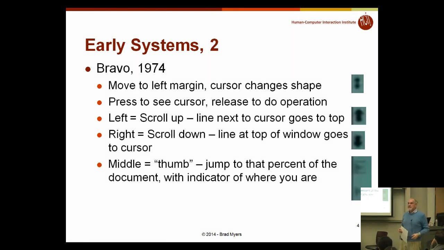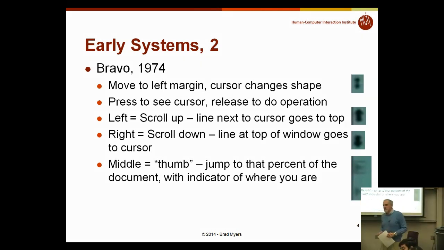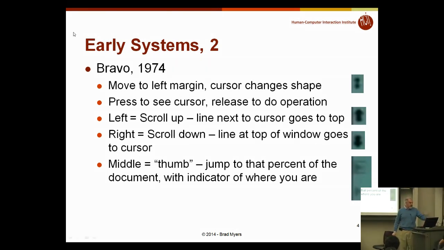Okay, you want to? You have two lines. Well, the idea of left and right going up and down at all was that you could control how much you wanted to move. If I wanted to move just a little bit, I could put my cursor here, and it would move up just a little bit.